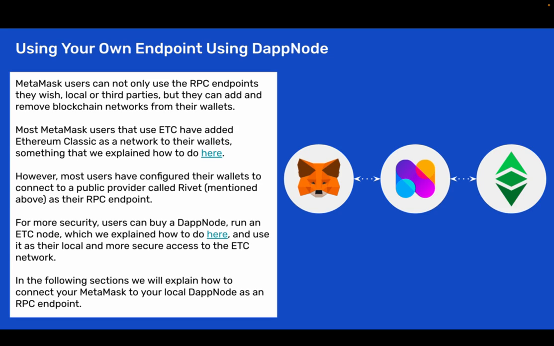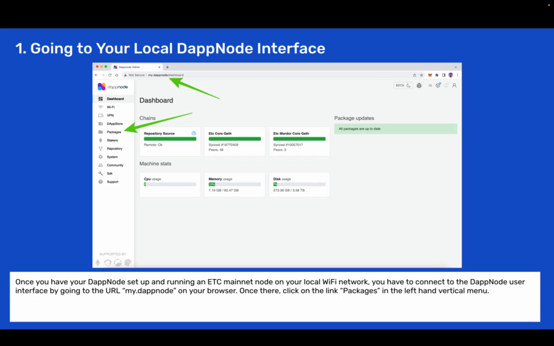For more security, users can buy a DappNode, run an ETC node, which we explain how to do here, and use it as their local and more secure access to the ETC network. In the following sections, we will explain how to connect your MetaMask to your local DappNode as an RPC endpoint.